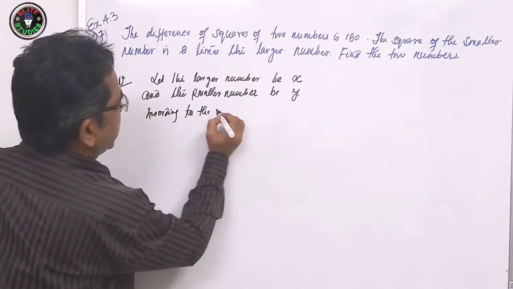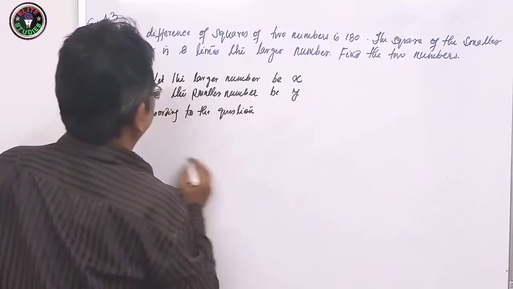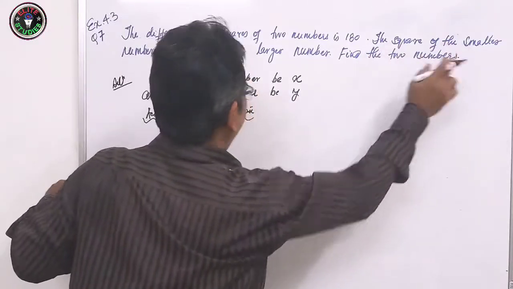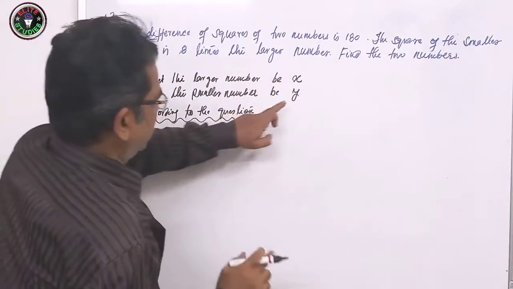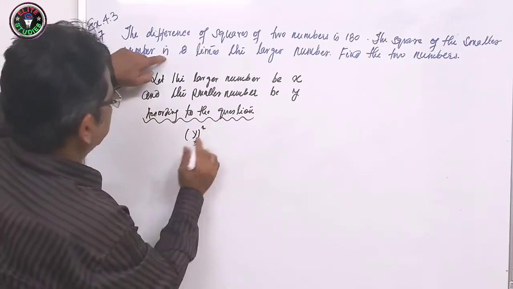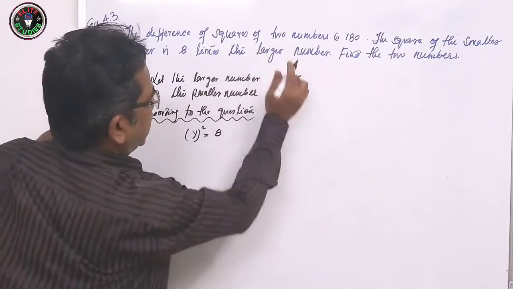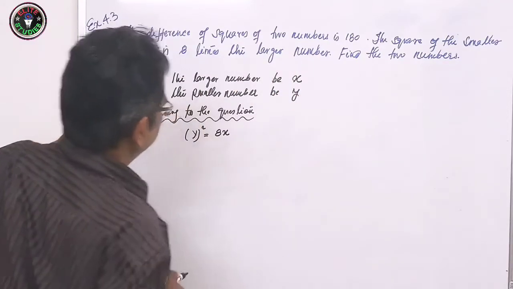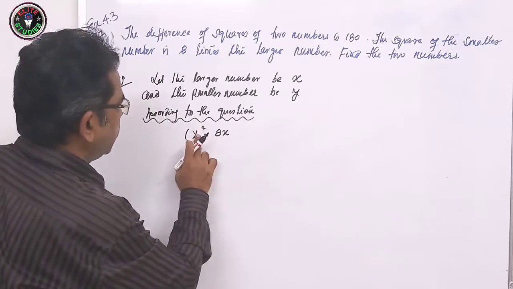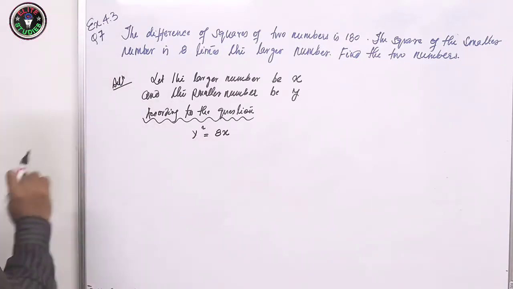According to the question, the square of the smaller number is equal to 8 times, means 8 into the larger number x. So simply, y square is equal to 8x.